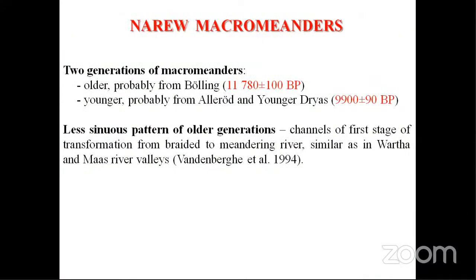The older generation of Narew macromeanders probably existed in the Bølling phase. They are paleochannels of the first stage of transformation from braided to meandering river, similar to the Warta and Maas river valleys. And the younger generation of Narew macromeanders probably existed in the Allerød and Younger Dryas phases.